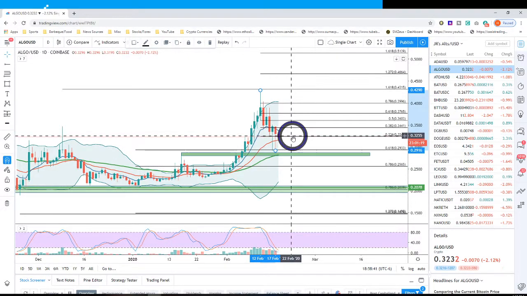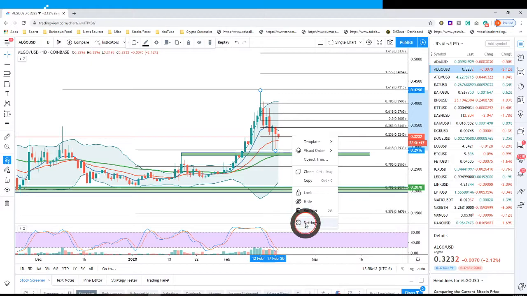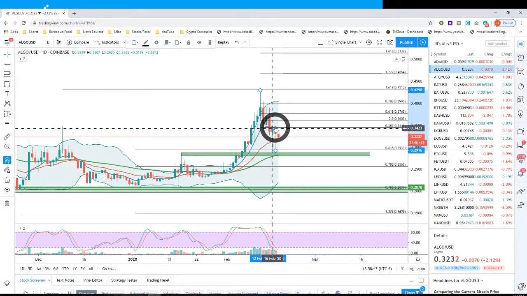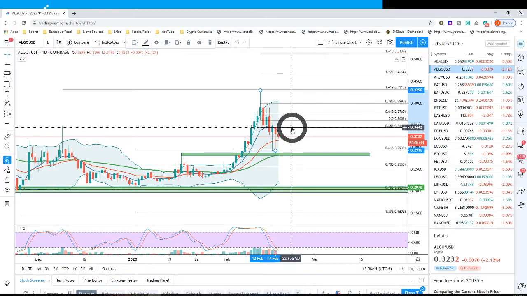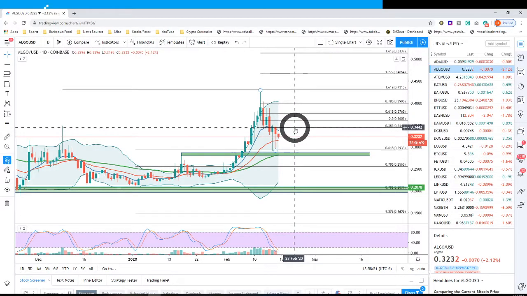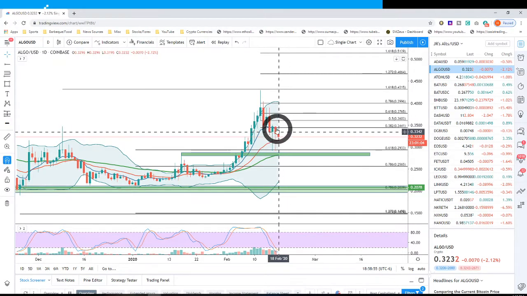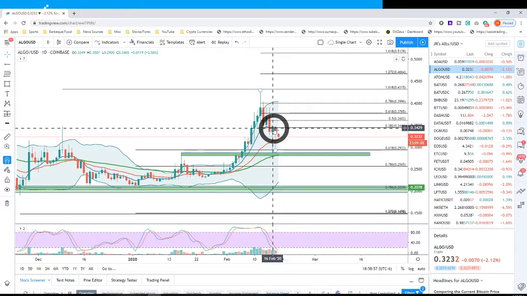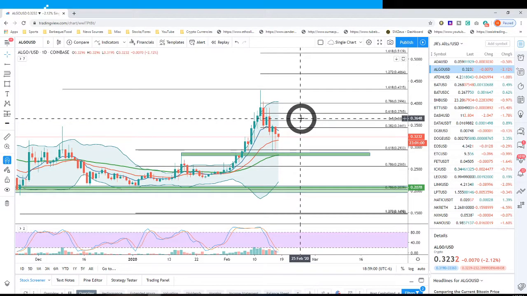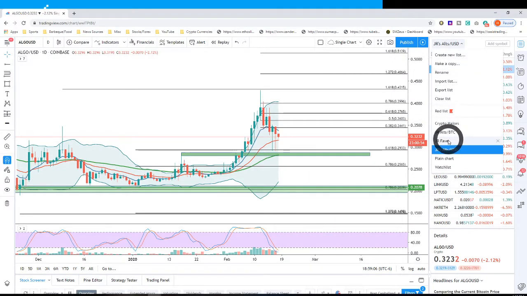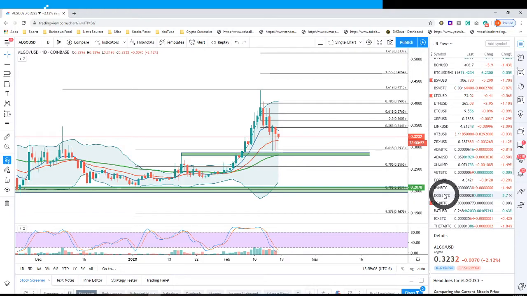Oh, actually it already broke the 23.6. All right. So this is going to be your area to get past, right in here where that 38.2 is, and the tops of these two candles right here. So let's just call it 35 to be on the safe side. Okay. So that's Algo.